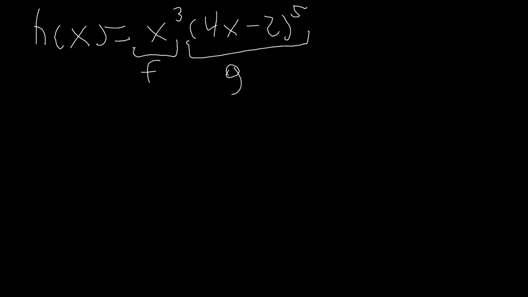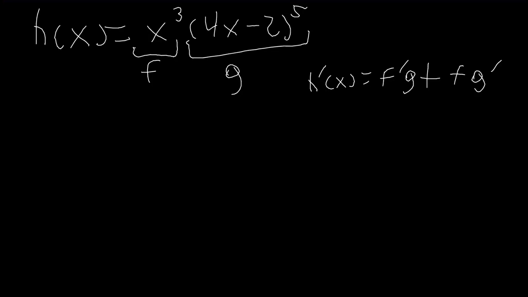So the product rule states that h prime in this case will be equal to f prime g, the derivative of f, times g, plus f g prime. Some books or some teachers or professors have this in different orders, but it's all the same thing.